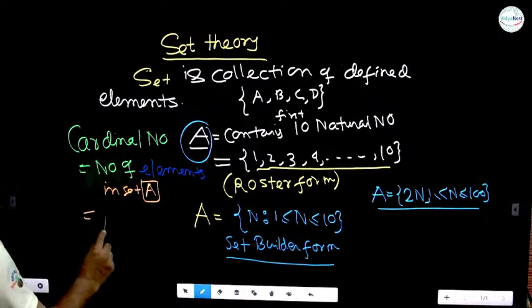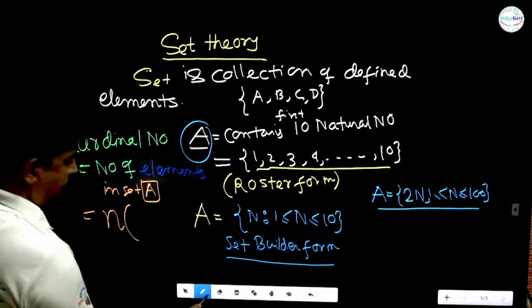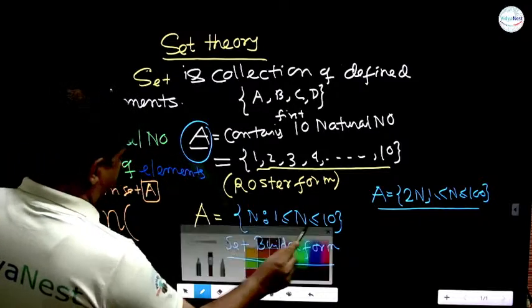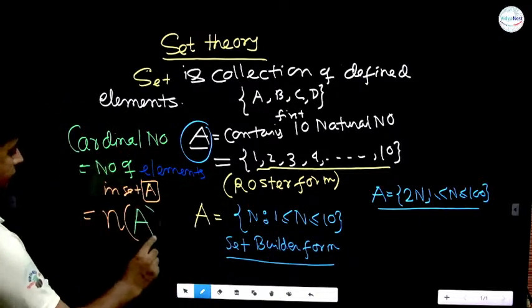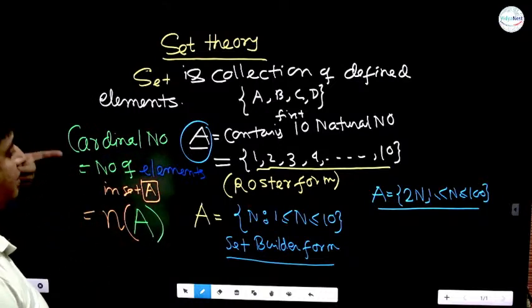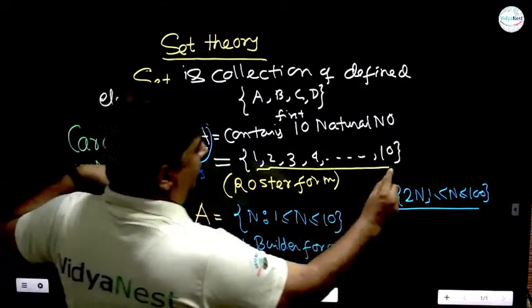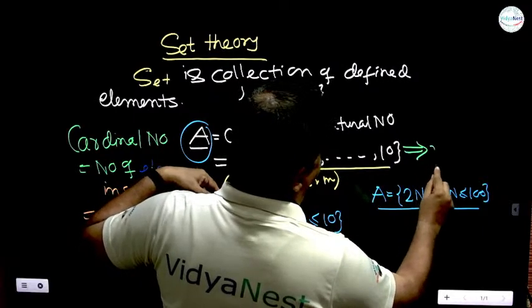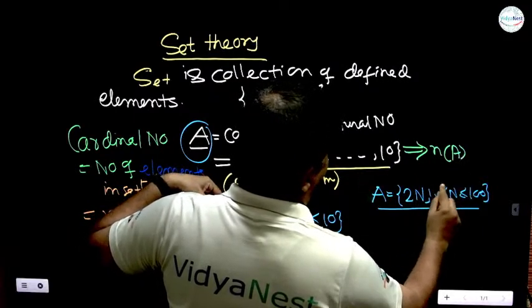Denote it by n(A), number of elements. So what is n(A)? In this case, the cardinal number is 10.